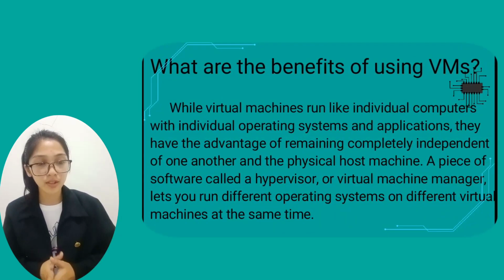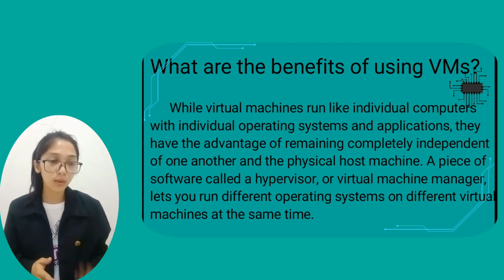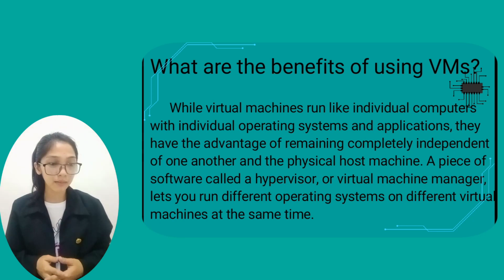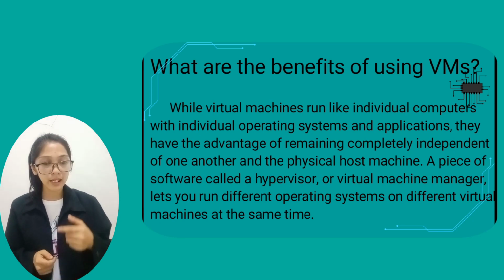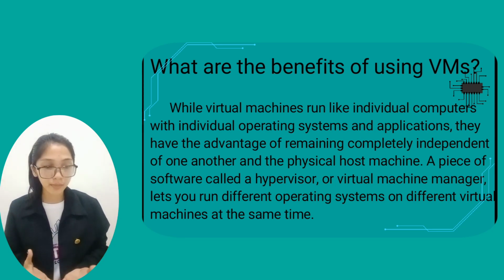What are the benefits of using VMs, or virtual machines? While virtual machines run like individual computers with individual operating systems and applications, they have the advantage of remaining completely independent of one another and the physical host machine.